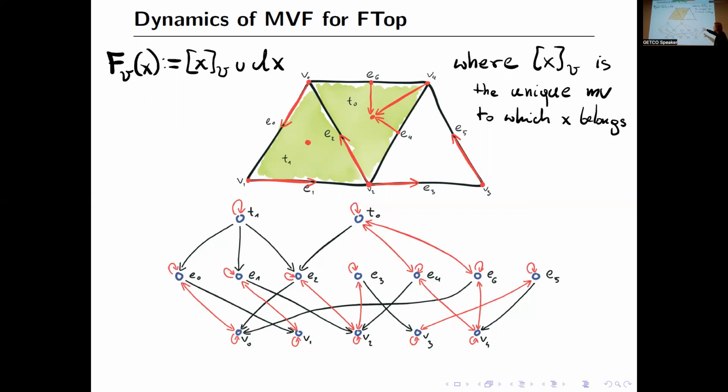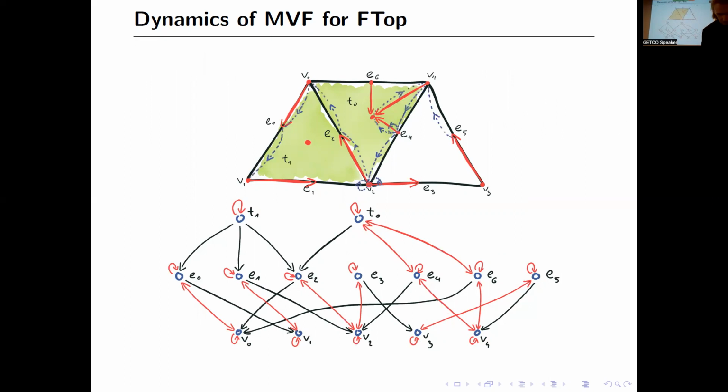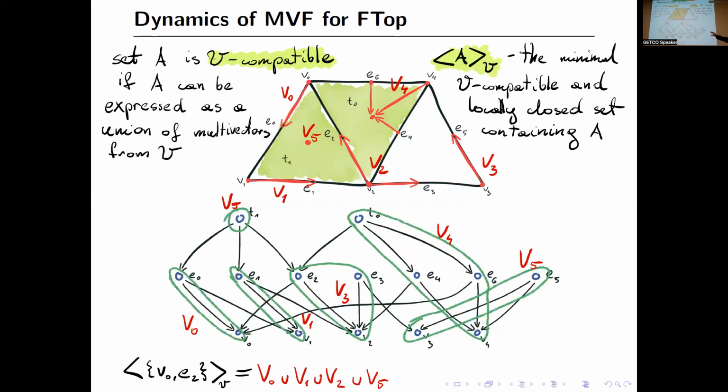So in terms of posets, we can always go down with the face relation, or we can go to any other point with the same multivector. And exactly the paths in this graph are the solutions of this combinatorial vector field.